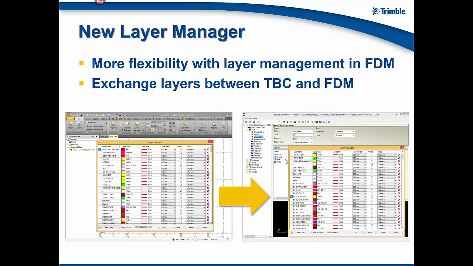On feature coding and attribution, we have a new layer manager both in TBC and the feature definition manager that allows you more flexibility when you're managing layers in the feature definition manager.